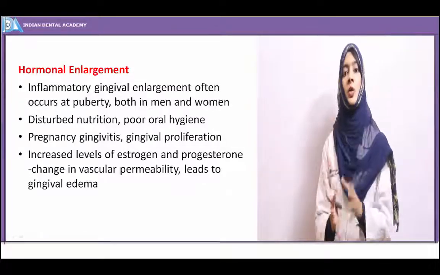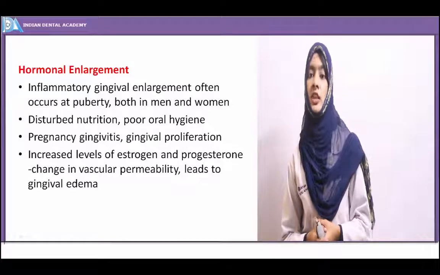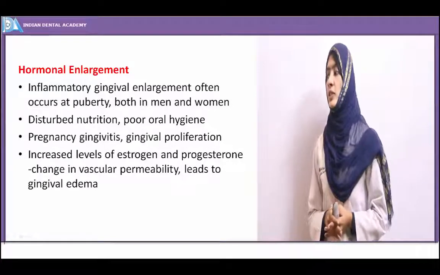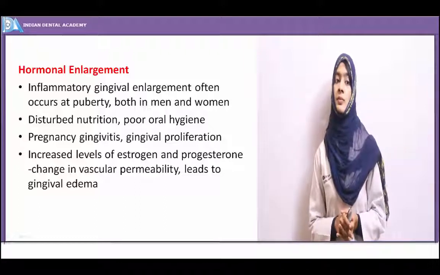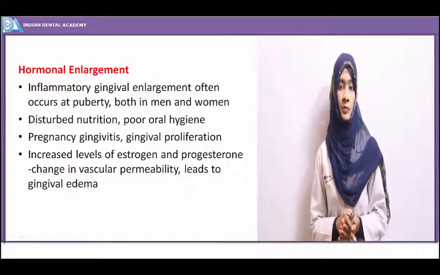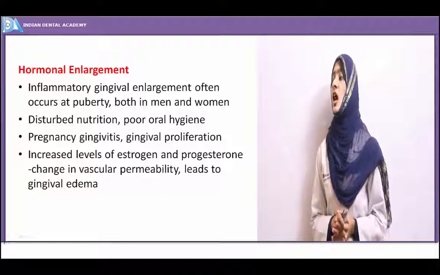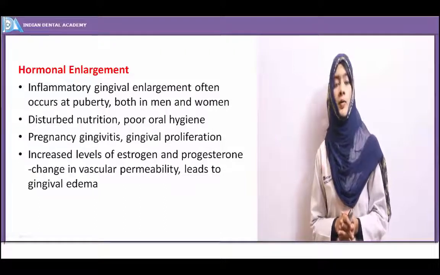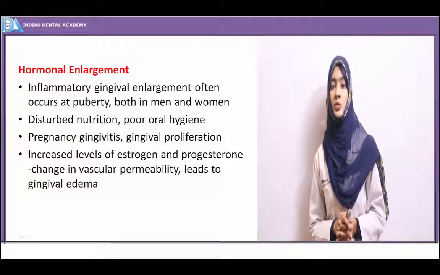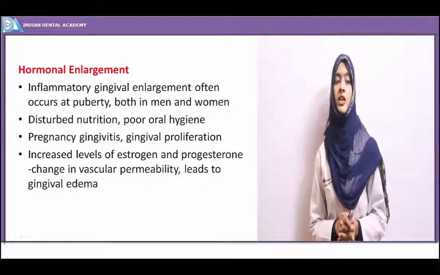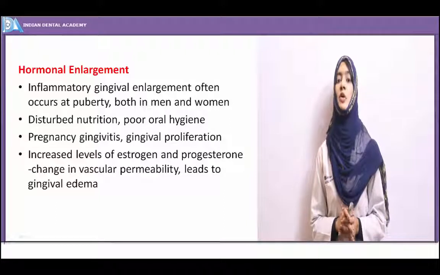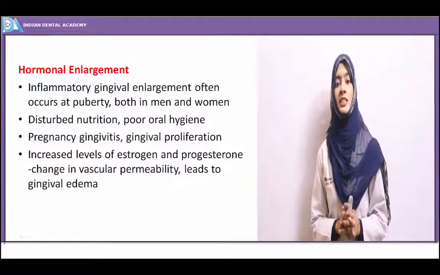Sometimes a mass-like growth is seen in the gingiva, that is the pregnancy tumor. So inflammatory or hormone related gingival enlargement may be seen both in men and women at the time of puberty, as we have already discussed, owing to this altered endocrine response.